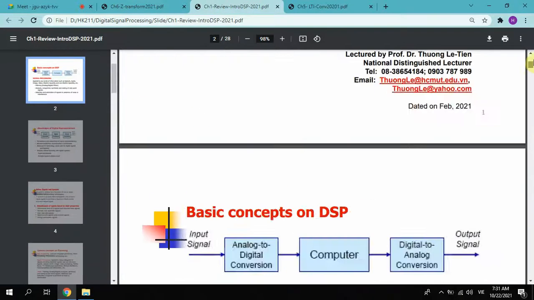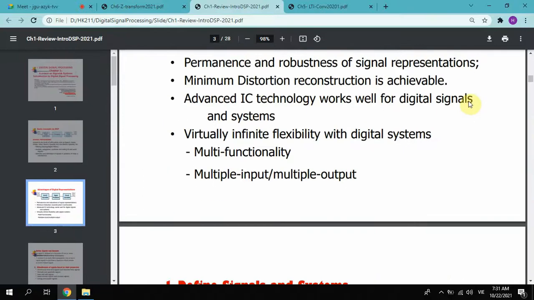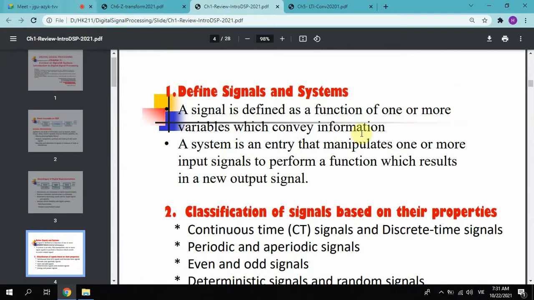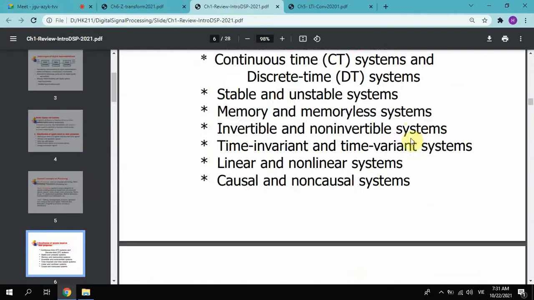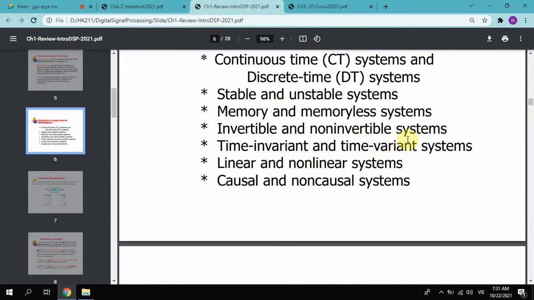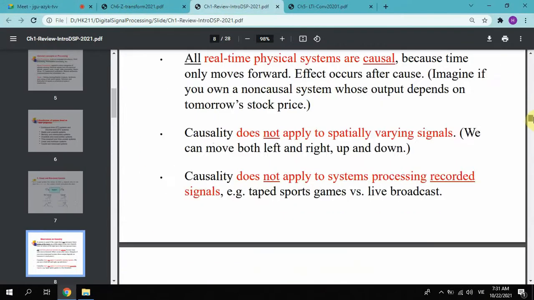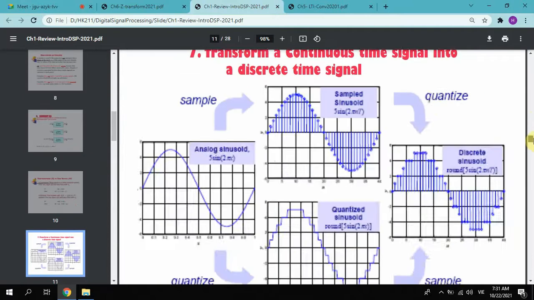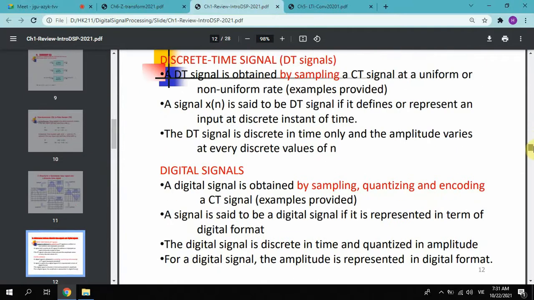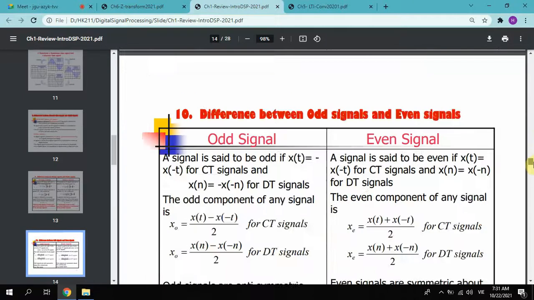Which is the DTFT. If you take notes well, this one is very easy. Yes, I still remember, I already circled it. The corresponding Fourier analysis to the Z transform.